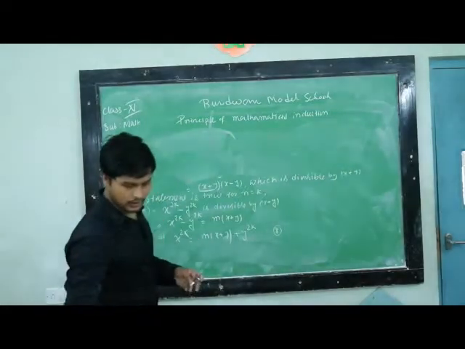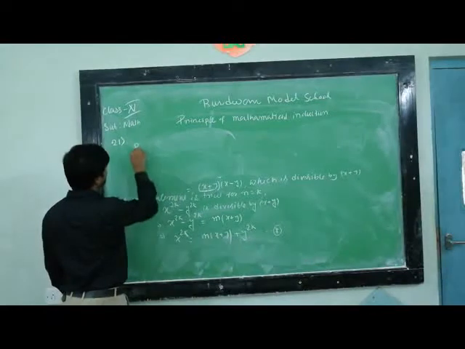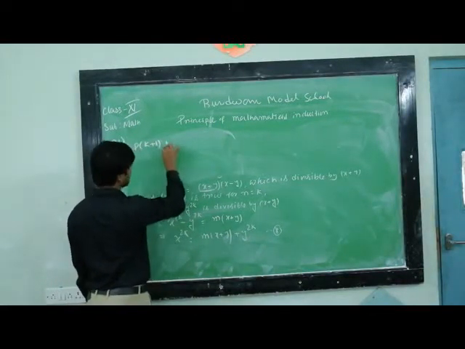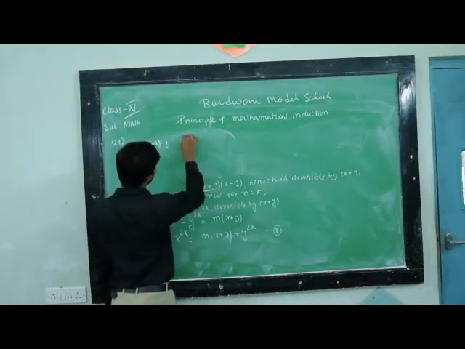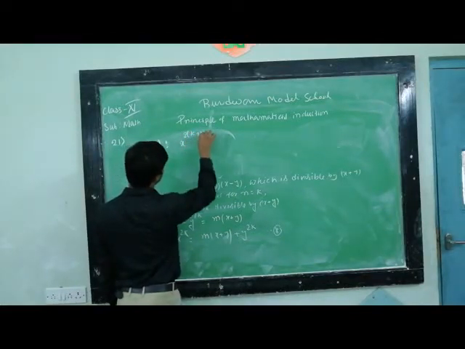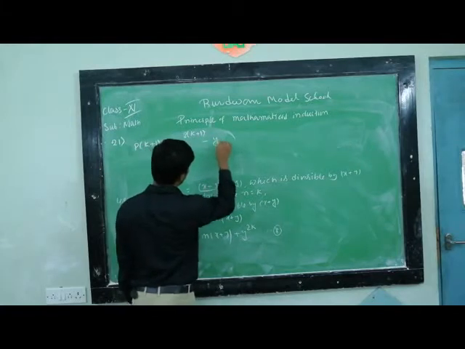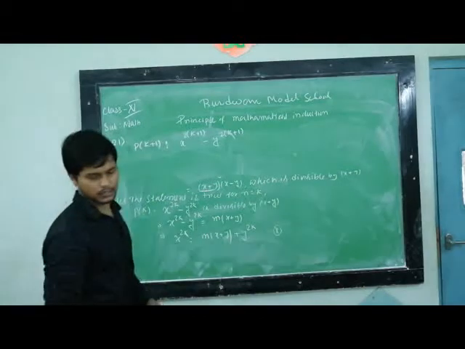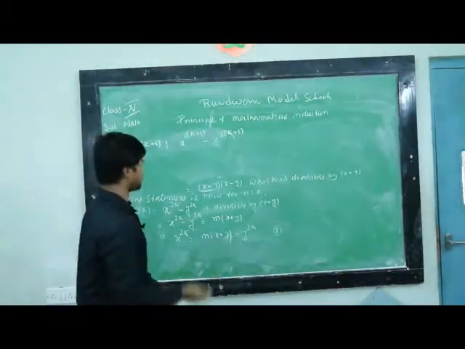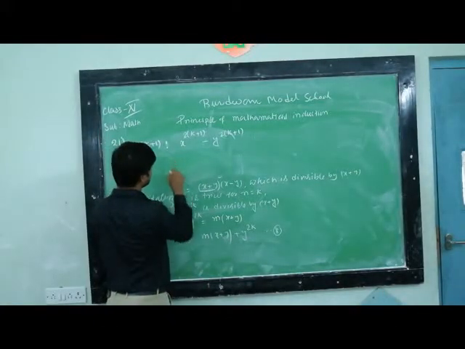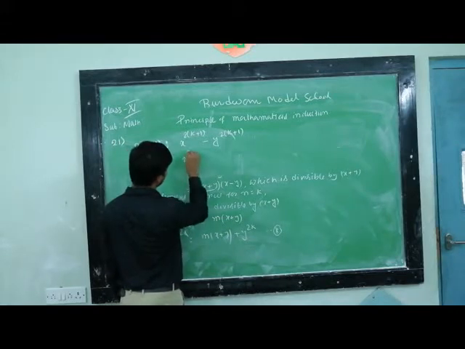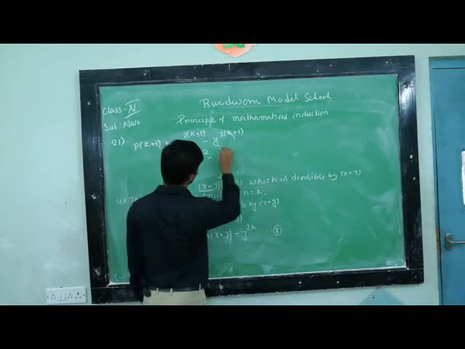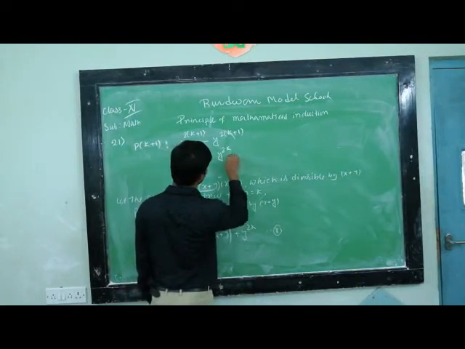Now for that consider this statement P(k plus 1), which will be equal to x to the power 2 into (k plus 1), means in place of n we are just putting k plus 1, and we have to prove that this expression is also divisible by x plus y. That means this can be written in the form x to the power 2k plus 2 minus y to the power 2k plus 2.